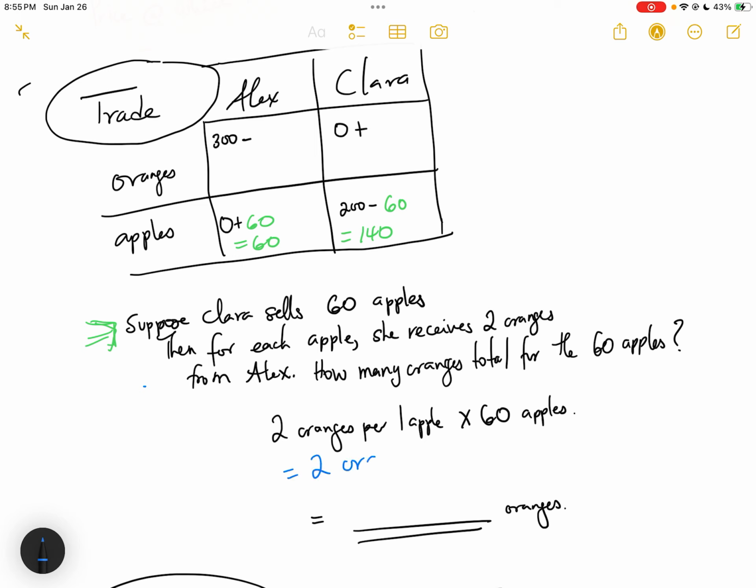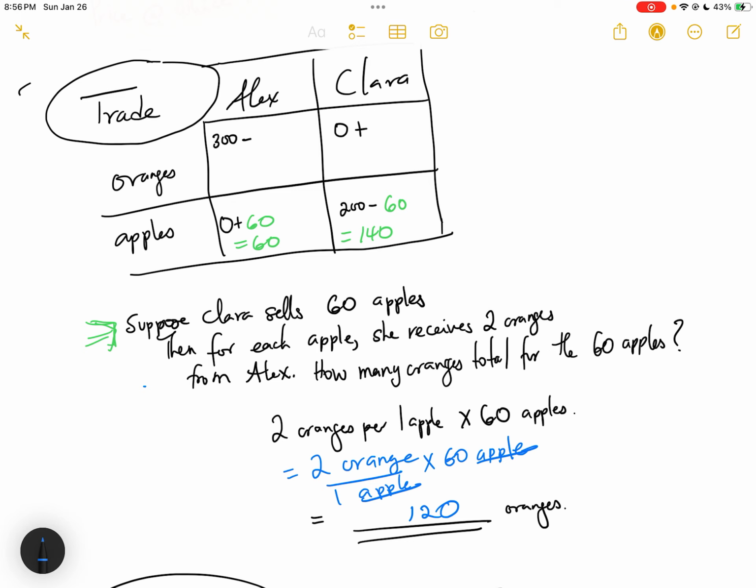So 2 oranges per apple can be written like this: per 1 apple times 60 apples. I want you to see why the answer is in oranges, right? Apple cancels out, and so you're left with 60 times 2. That's 120 oranges. Do you see how I got that? Yeah. The per is written as the division sign. Then this is the answer.